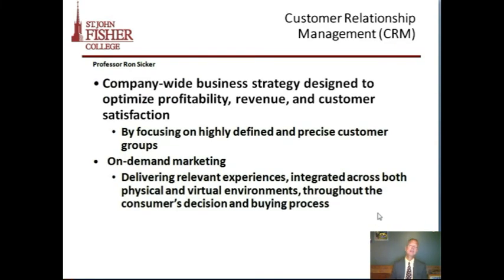So here's CRM again: a company-wide business strategy to deliver the best possible value, in order to build relationships, to keep those customers for life.